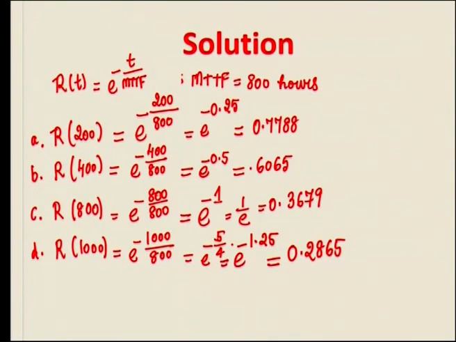Actually, if the component is put into use for a period of, say, 800 hours, that is case C, how to interpret this result? The probability that it will function properly is only 36.8%.